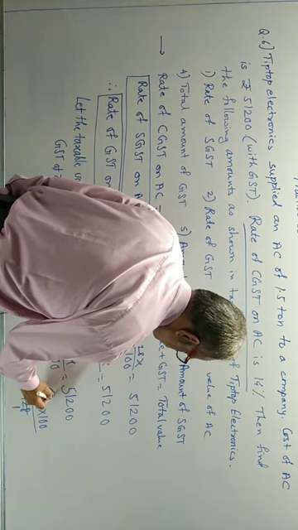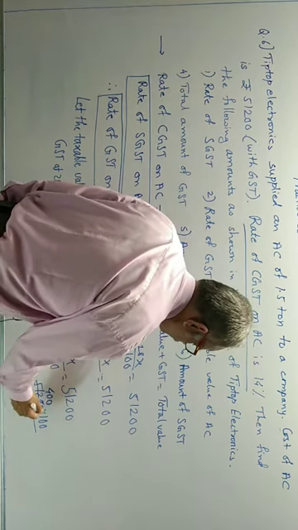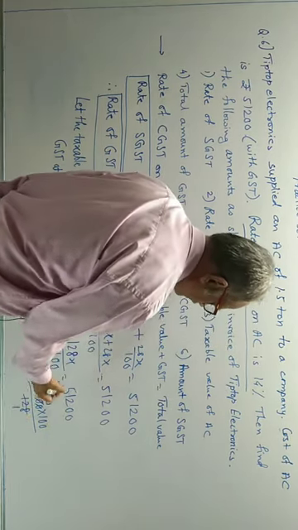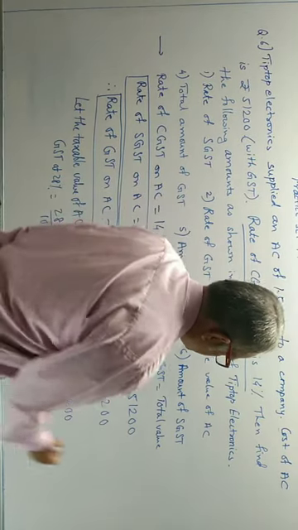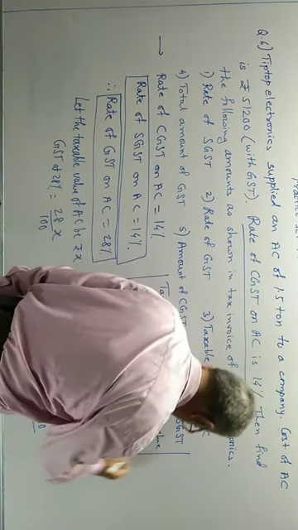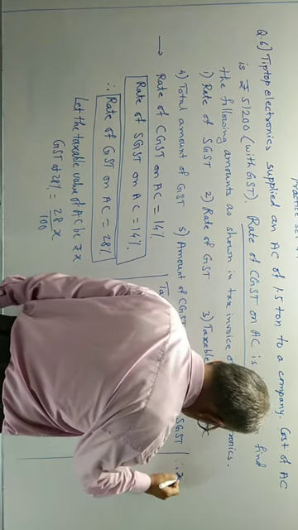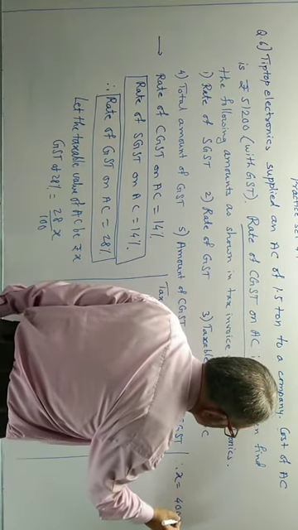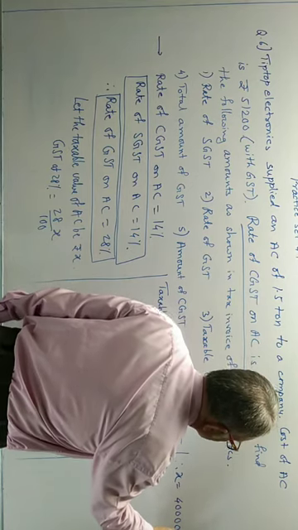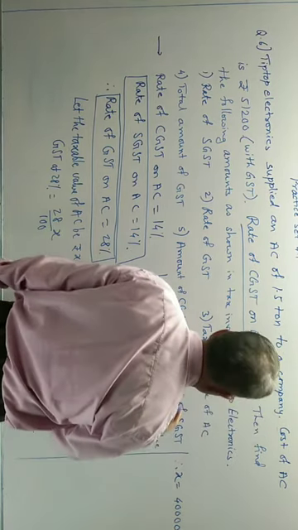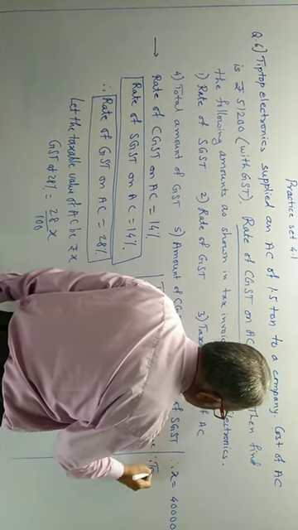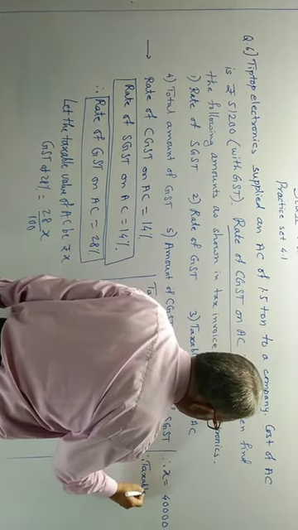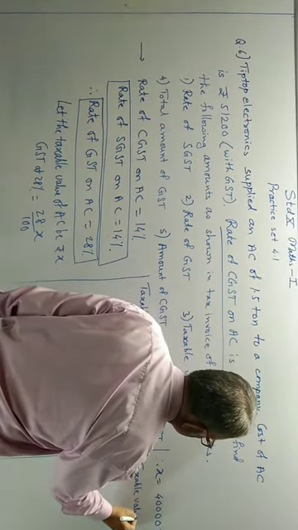If you don't know, then cancel by 2, 4, etc. in rough, and finally you will get this. Therefore, X is equal to 400 into 100 means on 4 zeros rupees. X is nothing but taxable value. Therefore, taxable value of AC, which is asked.